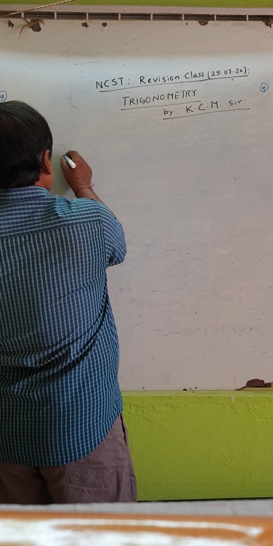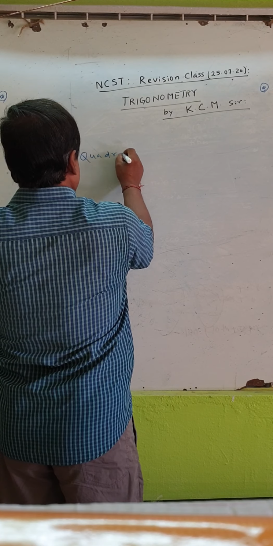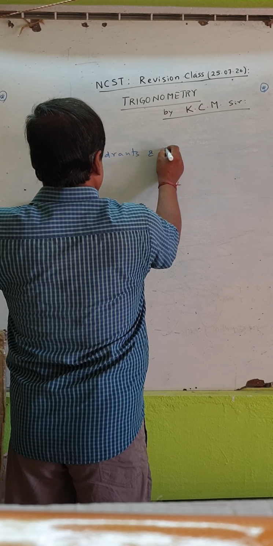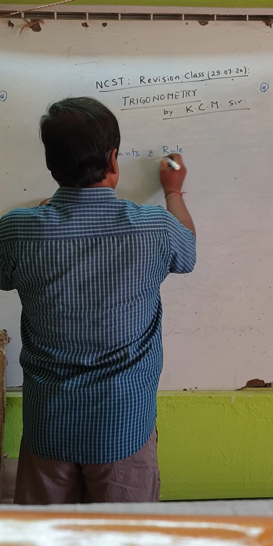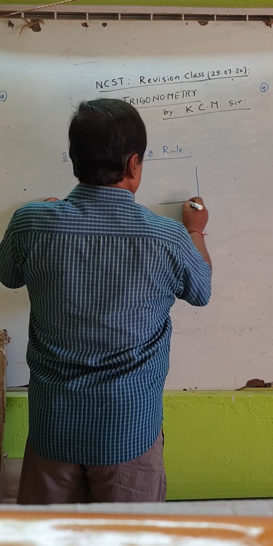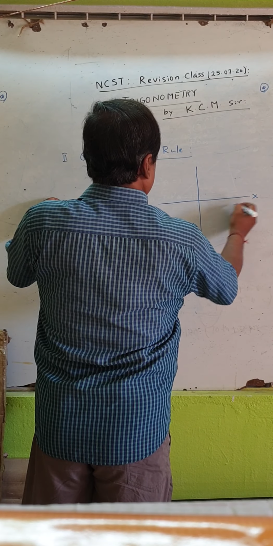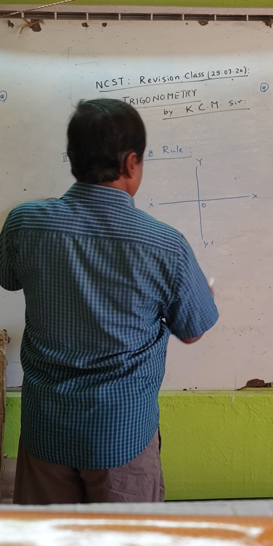Then your quadrants and rule. Already this is X O, this X dash, Y O, Y dash.